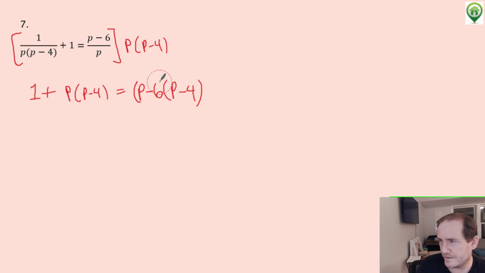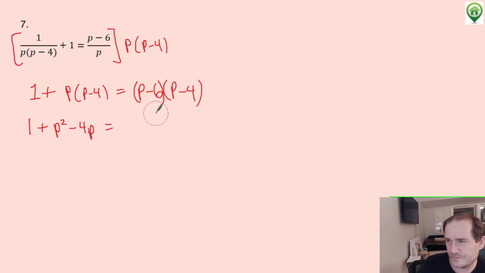There should be parentheses. Okay, so I'm getting a 1 plus p squared minus 4p. It is equal to p squared minus 6 minus 4, so minus 10p, and then plus 24. Okay, no big whoop. Seems like an easy one because if we subtract p squared from both sides, they cancel.